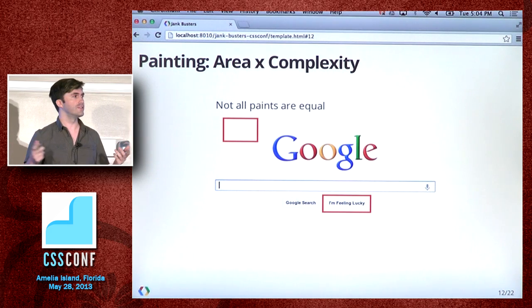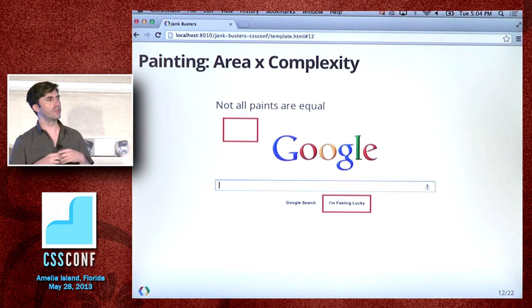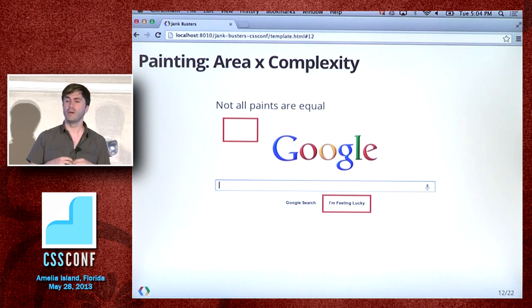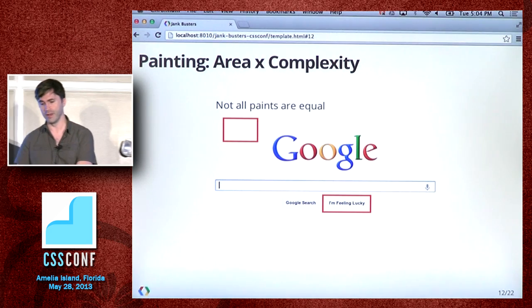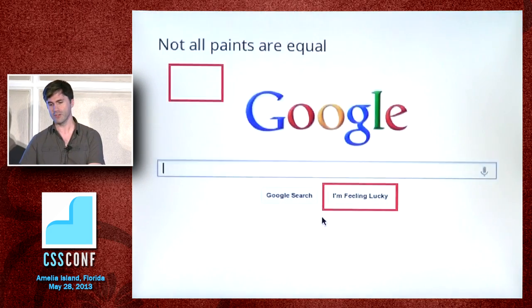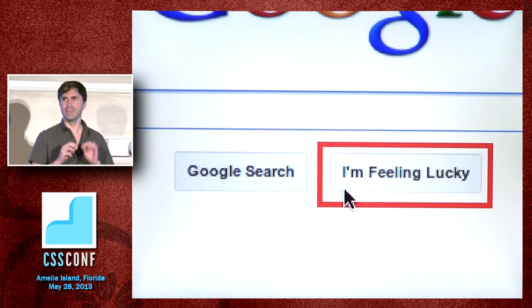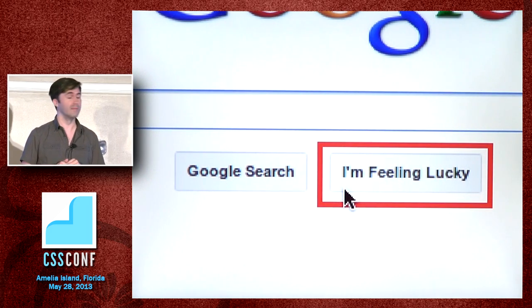The other part of this is that not all paints are going to be the same speed. So, of course, if we want to just fill in a part of the page with white, it's going to be a lot cheaper. But if we go to this I'm Feeling Lucky button and you really look at it, and I think this audience more than anybody understands the details in some of these elements.